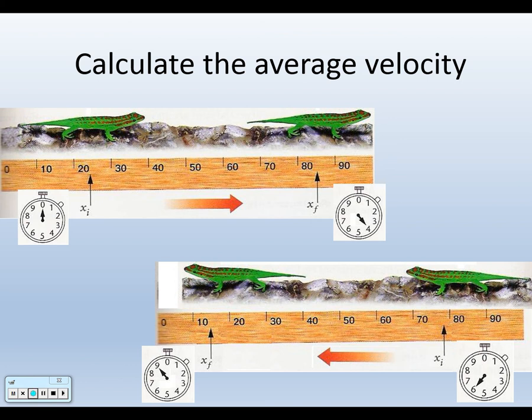But I have added clocks, stopwatches, to give you the time when the iguana was at these certain positions. Based on that information, calculate the speed of the iguana in the top picture and the bottom picture. Sorry, calculate the velocity. My bad. Take a minute. I'll come back and we'll talk in a second.